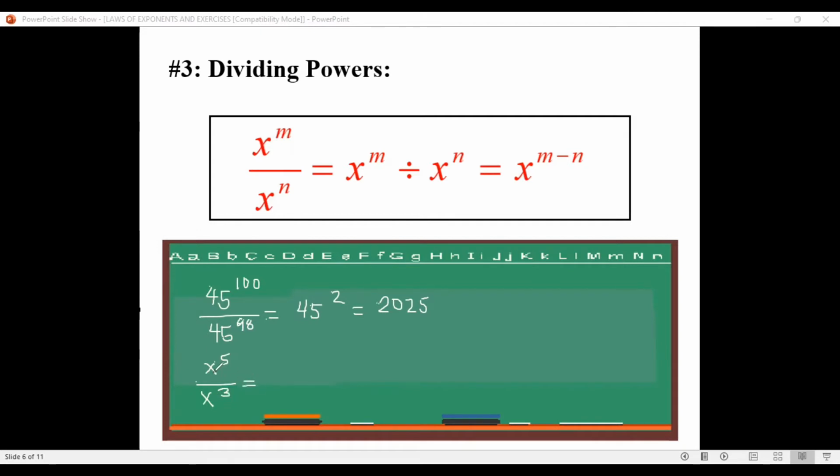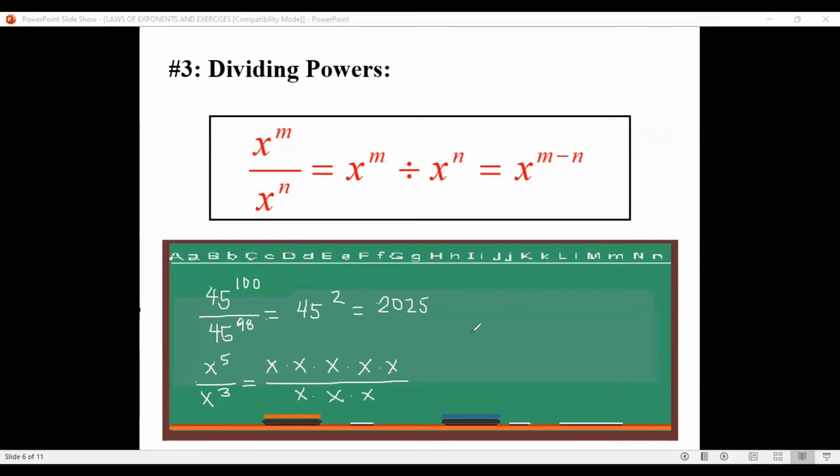When you have x raised to 5, this simply means that you are multiplying x by itself 5 times. That is the definition, right? So x times x times x times x times x, all over x raised to the third power, which means x multiplied by x, and then another x.